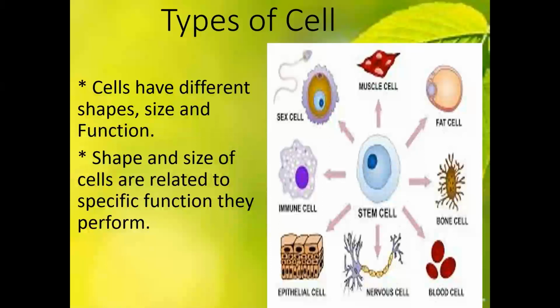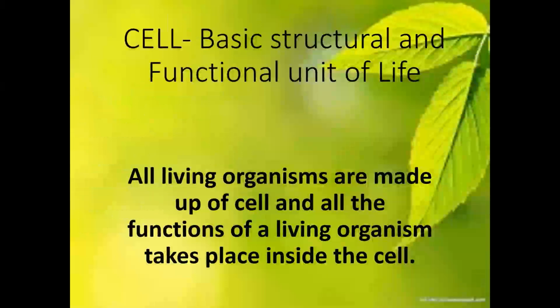So, shape determines the function it performs, or in other words, according to the function it performs, it will have a particular specific structure. Let us move forward to understand more about these cells.